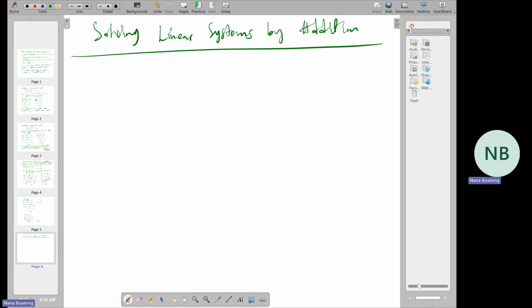So the steps to solving a linear system by the elimination method. Let me write down the steps.